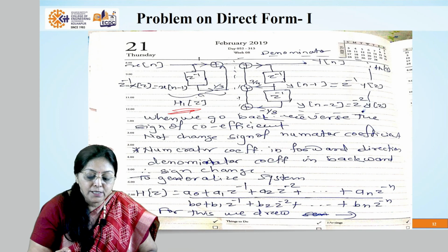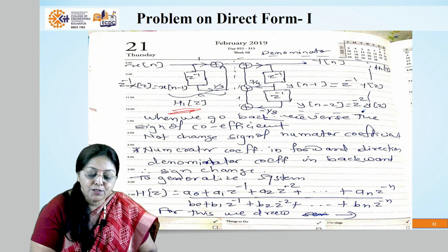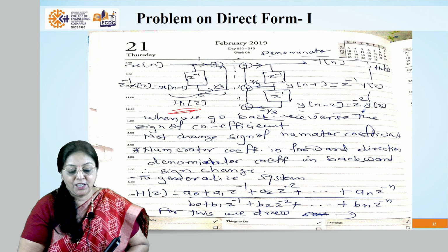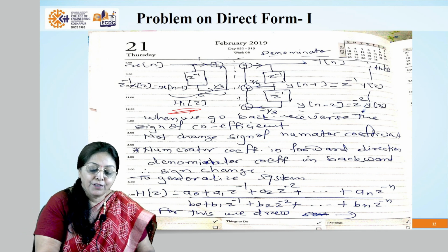So only a single delay is there, and a single multiplier, 1 upon 3, and x(n-1) is the output. So x(n-1) and 1/3 into x(n-1), or 1/3 into z^-1 into X(z), by this way also we can write. So this is about the first part.